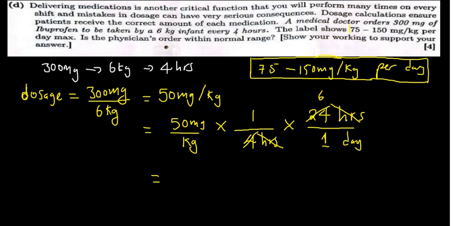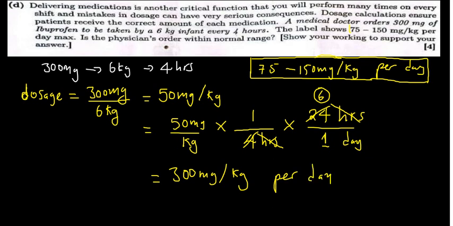And then we multiply this 6 by the 50. That is going to give us 300 milligrams per kg, and this day is in the denominator, so per day.